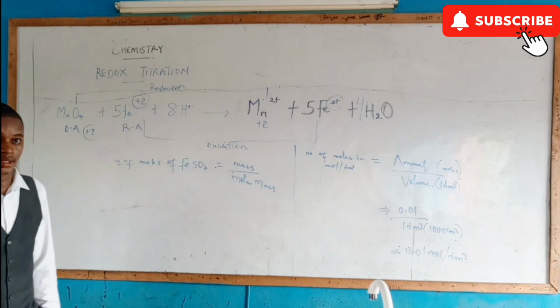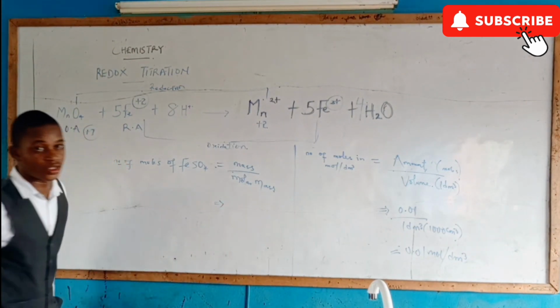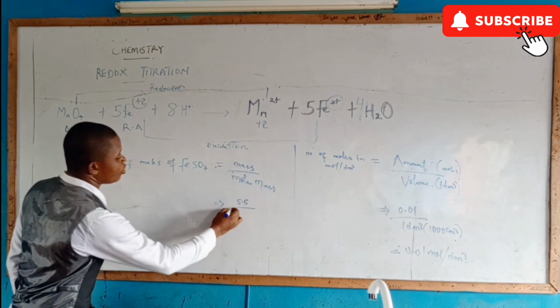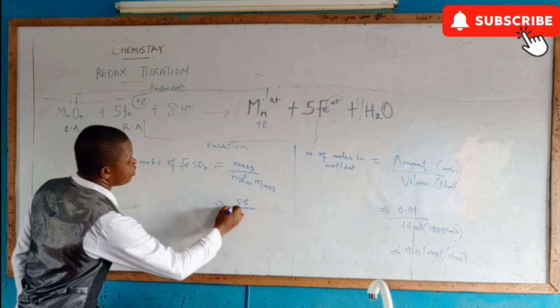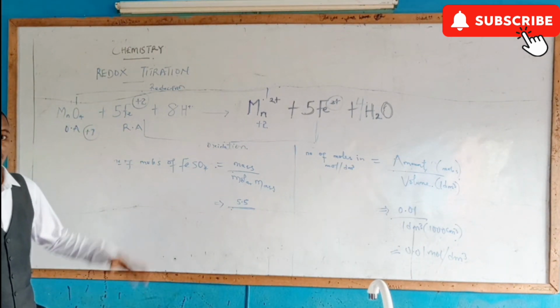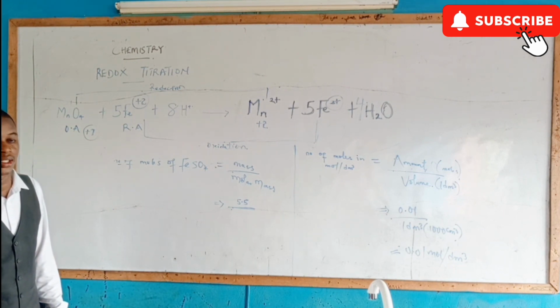From the mass given, for this year we are to focus on the mass of iron sulfate, which is 5.5, and the molar mass is 152 grams per mole, based on the molar mass calculated.